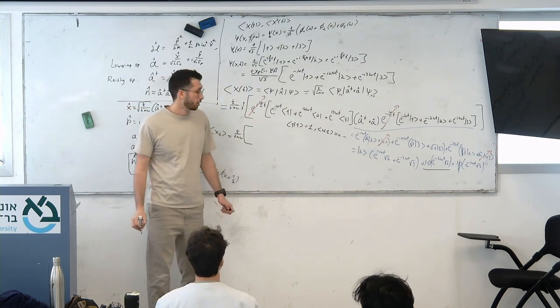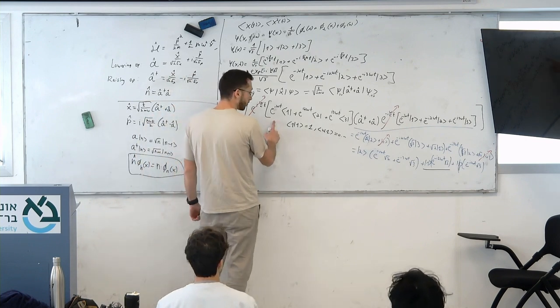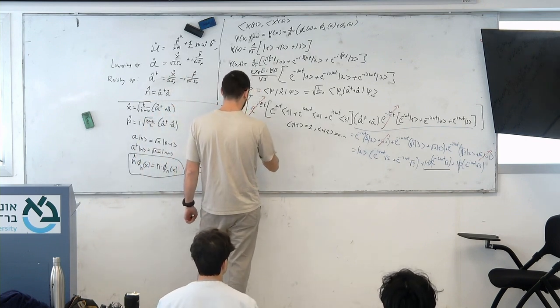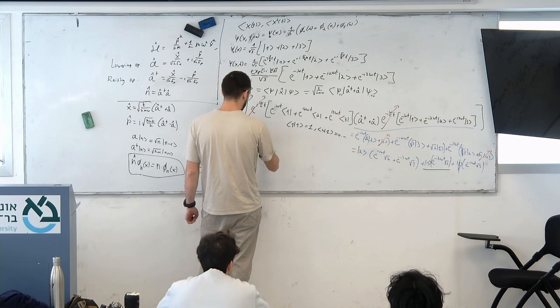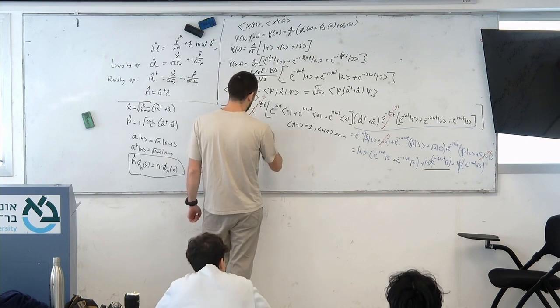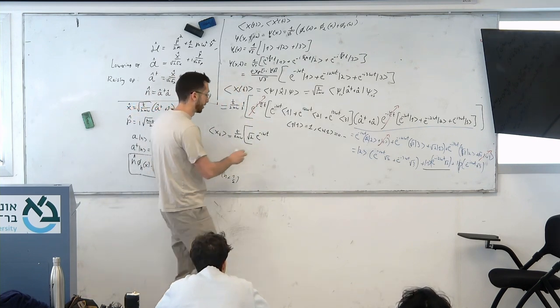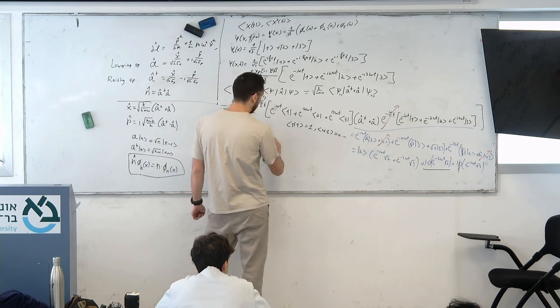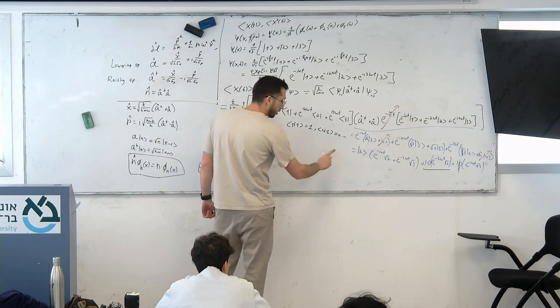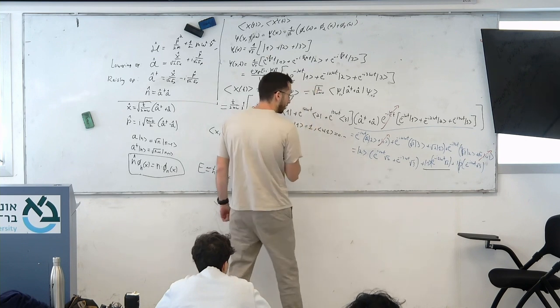Square root of 2 e to the minus i omega t. So we're going to have square root of 2 e to the minus i omega t. Nice, good, perfect. Plus, let's do the term of 2.